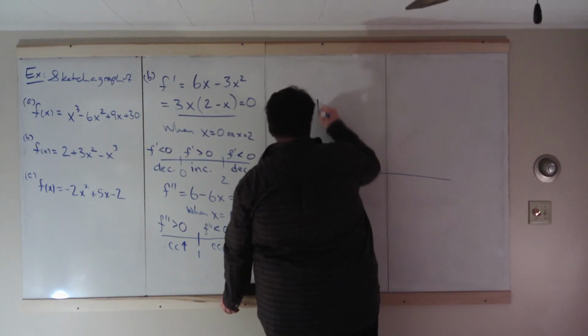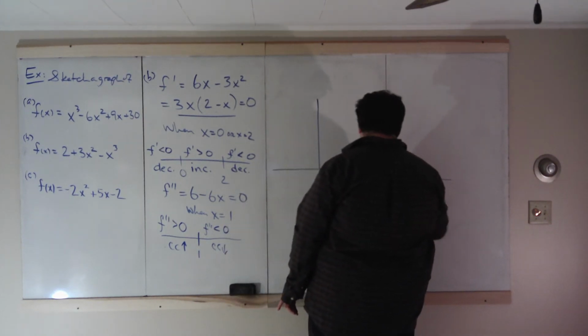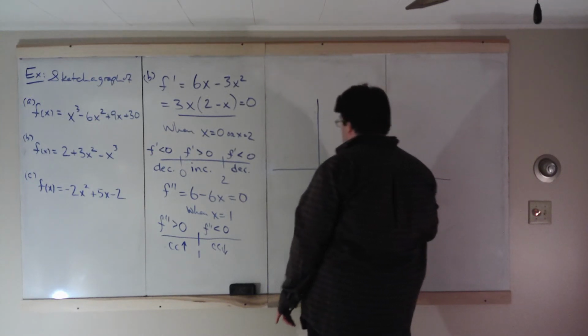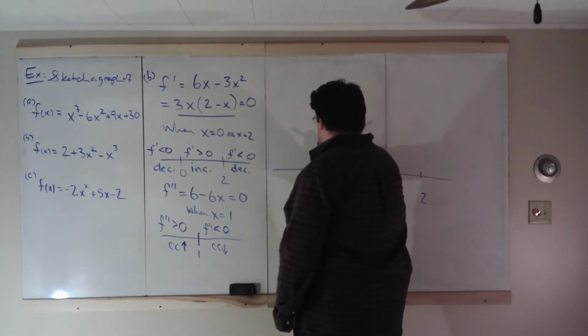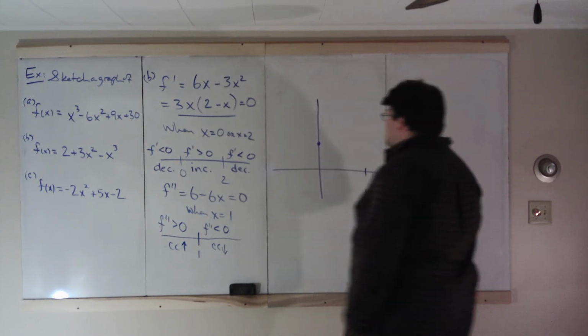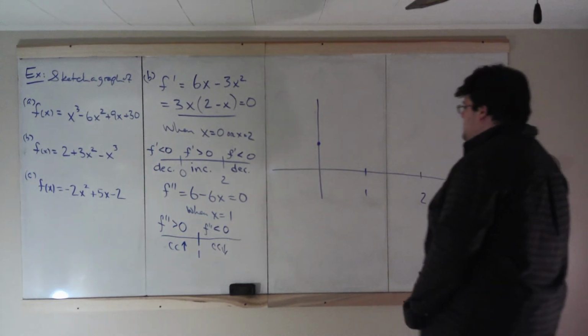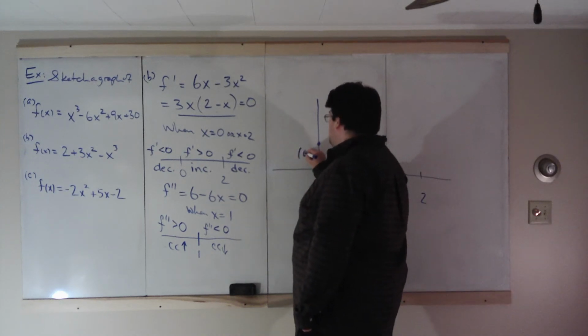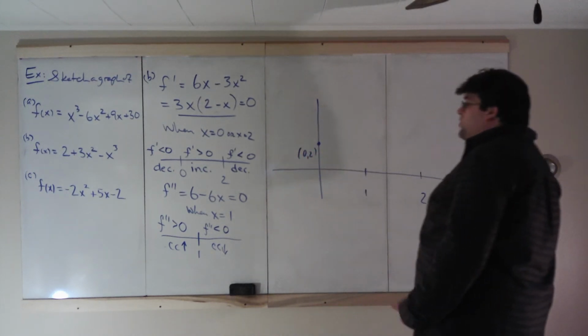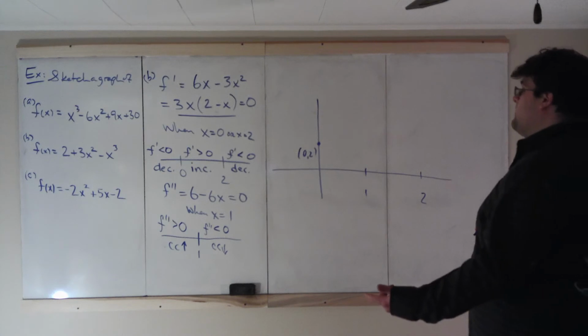So what do we have? We have 0, put 1 there, and I'll put 2 here. At 0, the function is 2. I'll label that ordered pair now: (0, 2).